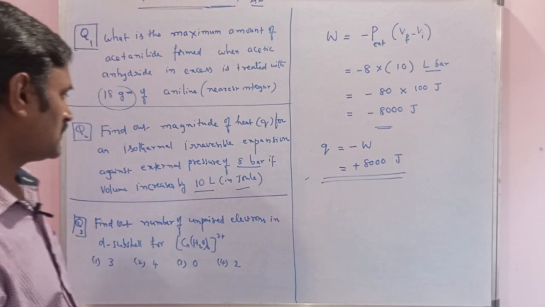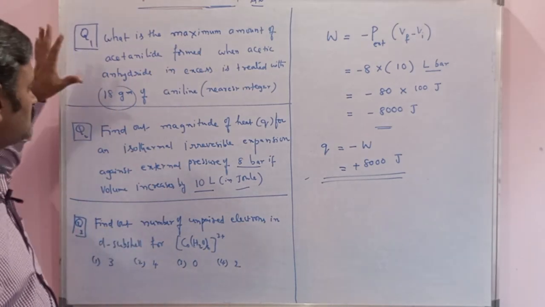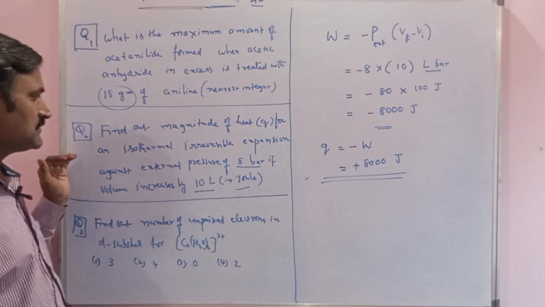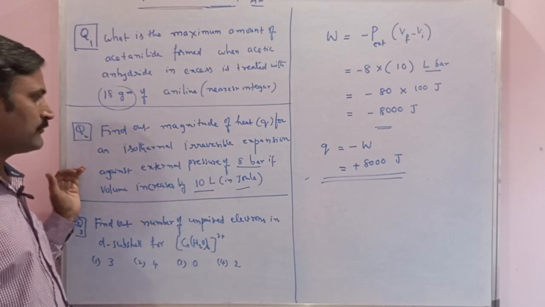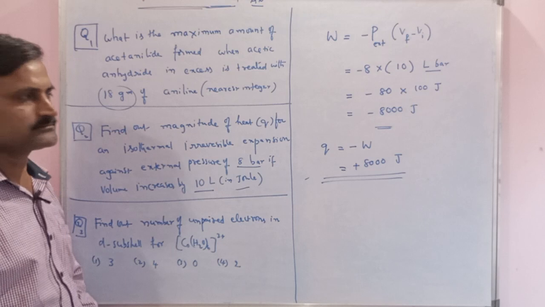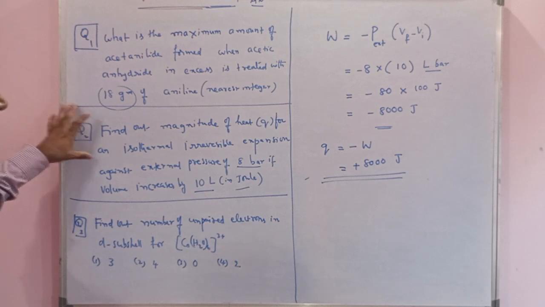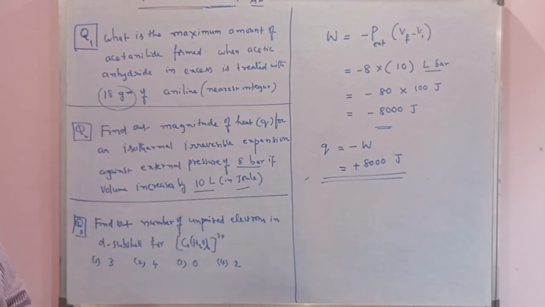That is the answer for this, the magnitude of heat that is required for this kind of expansion. This is the second question which they have asked, interestingly, from thermodynamics of class 11. Okay, hope you understand this one.